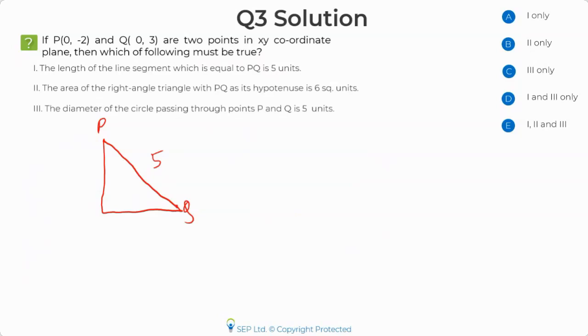Now, a very big mistake which most people make, and this is another trap that GMAT sets for you, is that you start assuming that the other two sides are 3 and 4. Many people use the formula of half into base into height, calculate the area as 6, and think that statement 2 is also correct, but that's not the case.